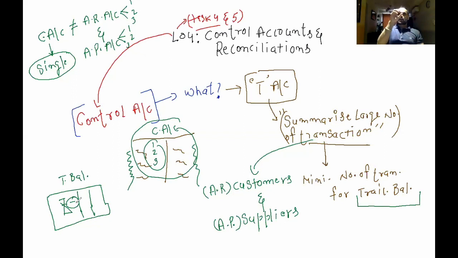One we call the receivable control account, where we record all receivables, and another could be the payable control account, for all the payables, right? That's why we are preparing control accounts, in order to track, to trace, and to give a very quick glance or quick picture over the number of customers or suppliers.